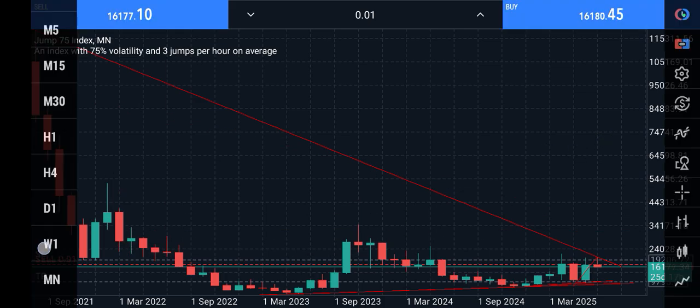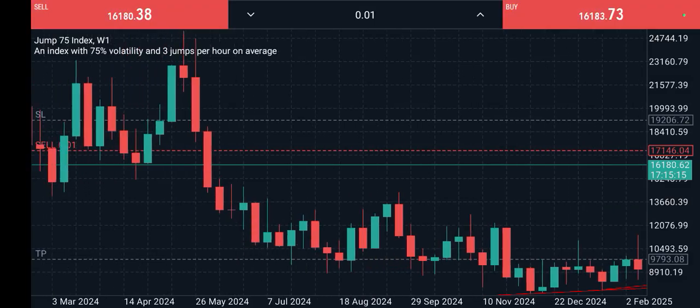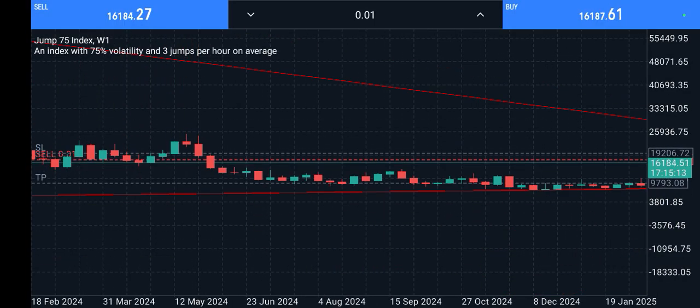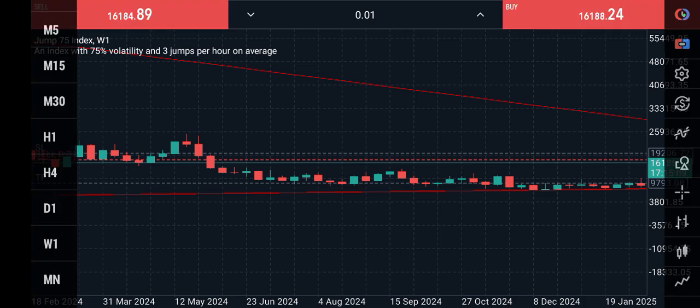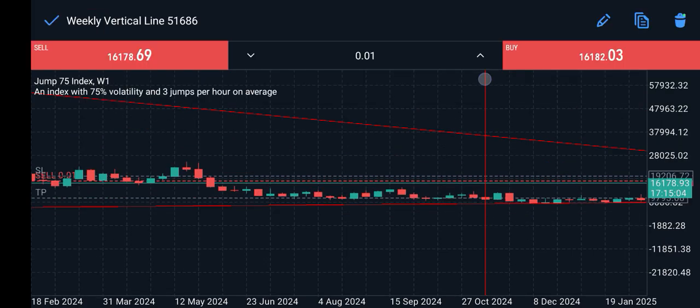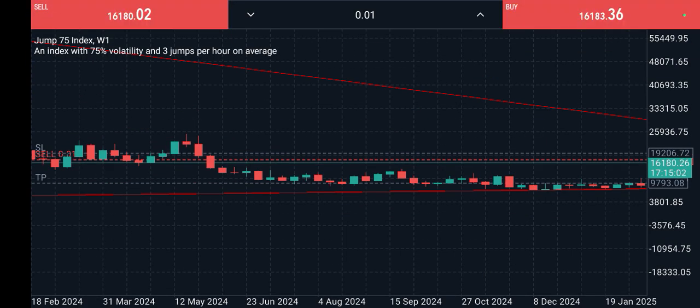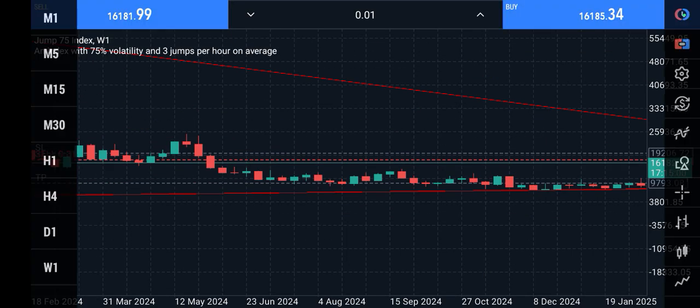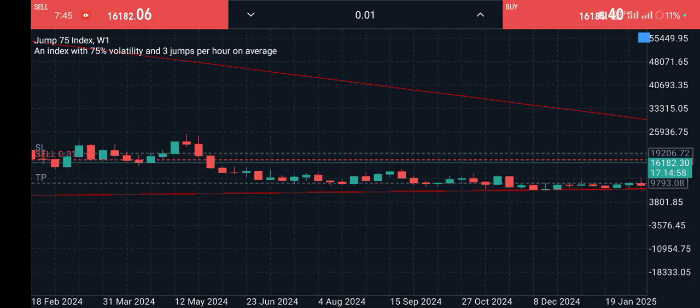Then I'm just going to come to my weekly. Which other trend do I draw from weekly? Okay, this is still the trend. This upper trend is from the monthly. Let me use something you can relate with easily. This particular one is still from the monthly, so we don't need to draw anything from there.